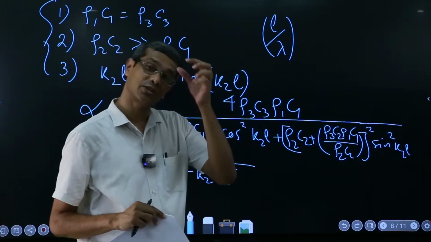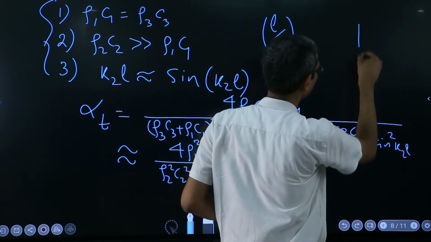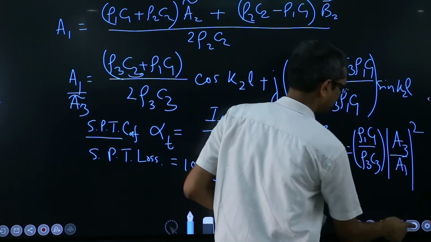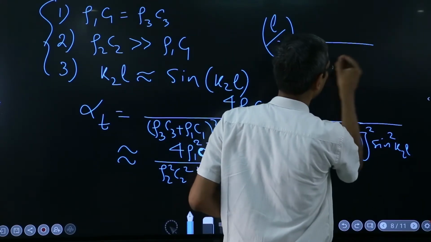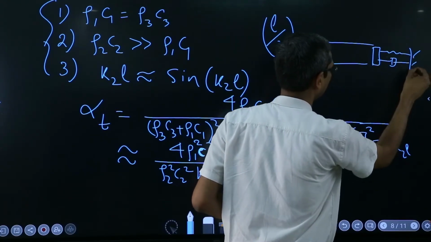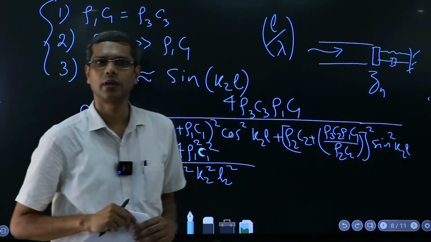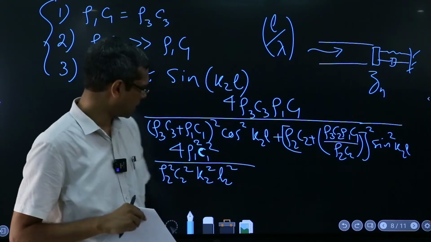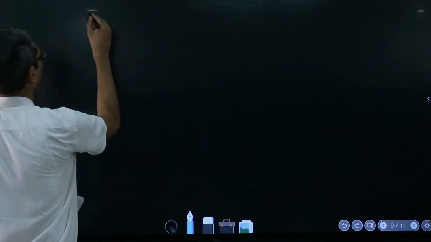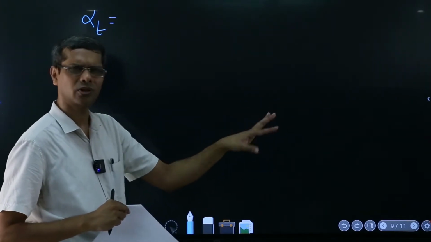If you remember, in the last to last segment, we had derived an expression, not for this, say a tube was there and then we put something, spring, damper, like that, with Zn being its impedance. There we had derived an expression of alpha t, which we called power absorption coefficient or power transmission coefficient.